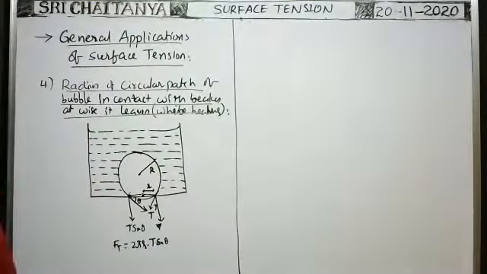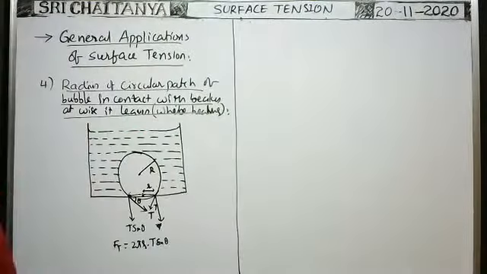From this, small r is less than or equal to 2 R cube rho_l g by 3T into T sin theta. It is the radius condition.